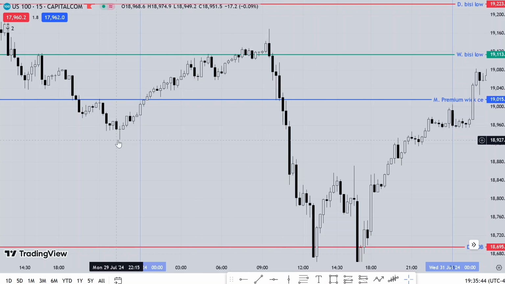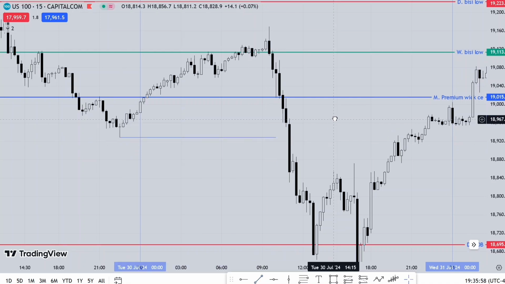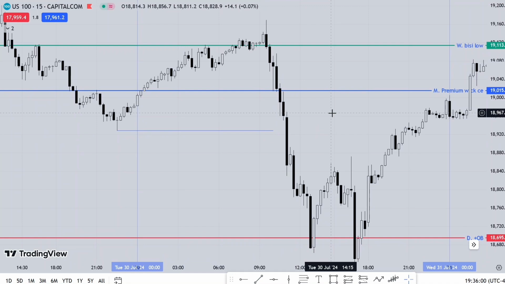You're expecting price to come below this swing low here, which is this sell side liquidity. You have sell side liquidity resting here, and because you are selling from a higher time frame key level, you are expecting price to trade to a higher time frame key level below the current market price.